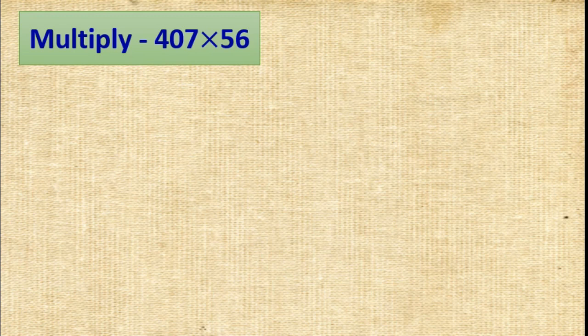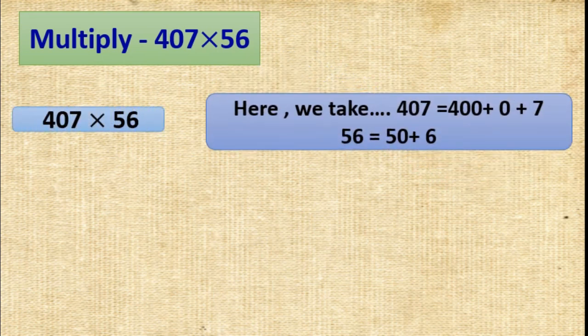Okay, here 3-digit number, that is 407, we are going to multiply by 2-digit number, that is 56. Isn't it? We will write these two numbers in their expanded form. So we will take like this. Okay, that is 407 is equal to 400 plus 0 plus 7, and 56 is equal to 50 plus 6.